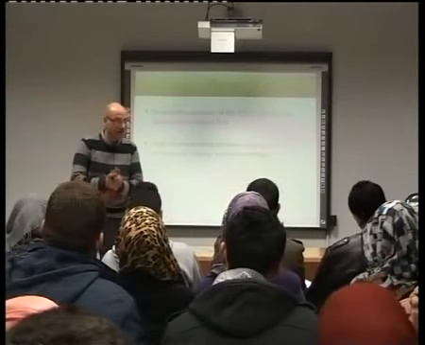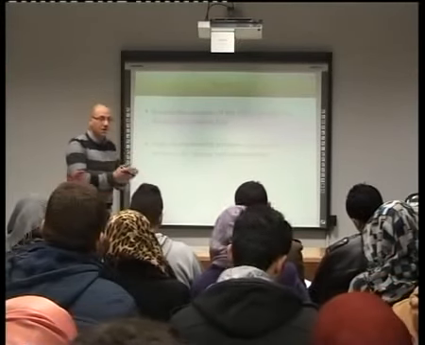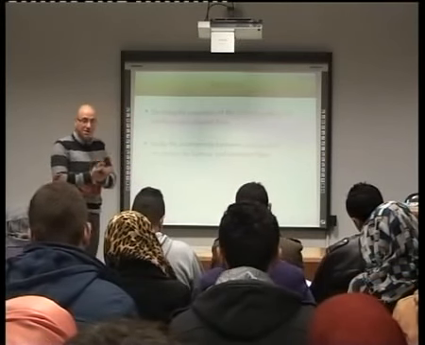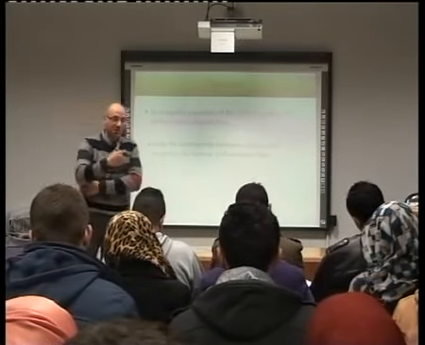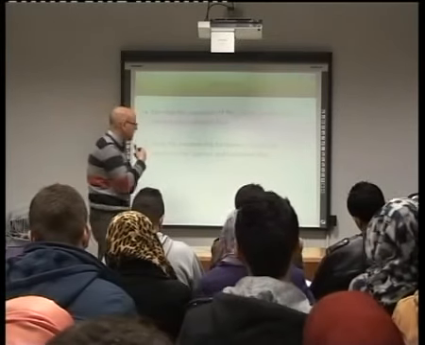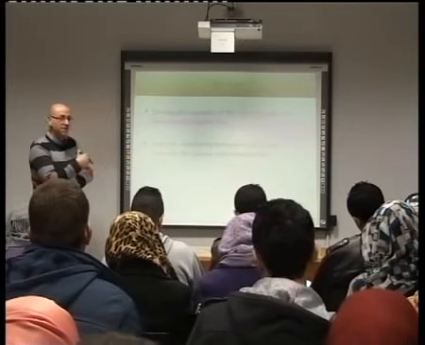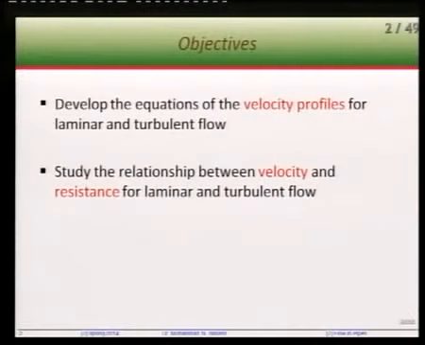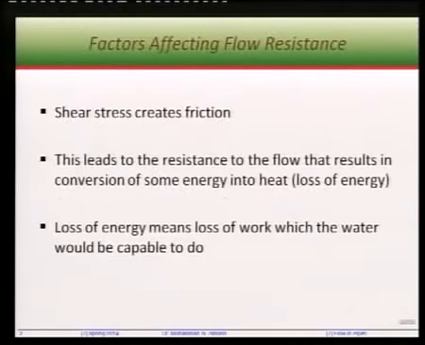So the variation of the velocity with distance. But here we are talking about the radial distance from the center line of the pipe. And the other thing is we are going to develop the equations that relate the friction factor with the velocity or whatever other characteristics.